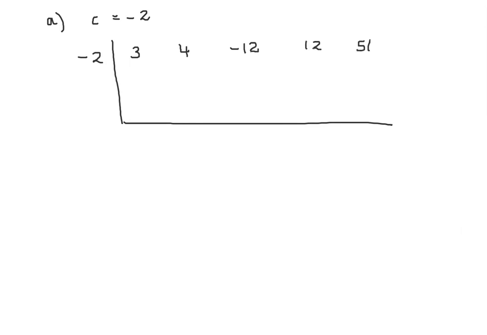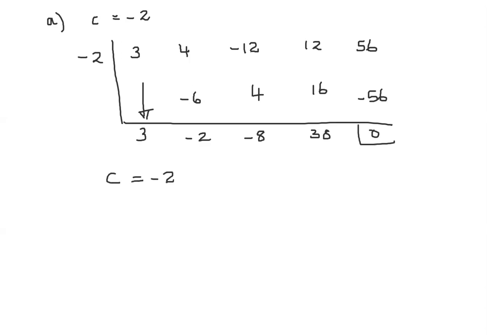So if we get the remainder as 0, that means negative 2 is a 0 of this polynomial. So we are getting 0. That means c equal to negative 2 is a 0 of the polynomial.